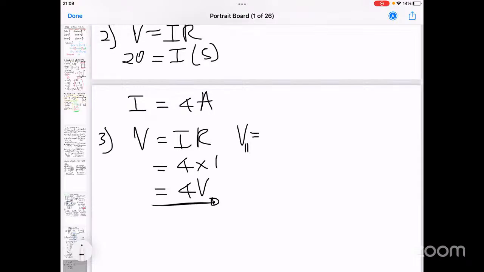In that parallel section, you use the R that you calculated when you were doing the R parallel, since we do know that we're calculating V on the parallel section.